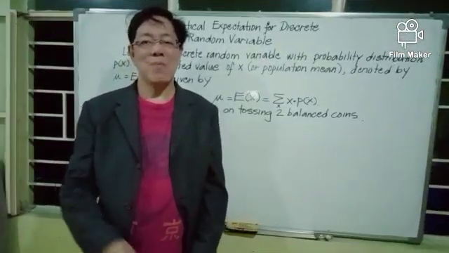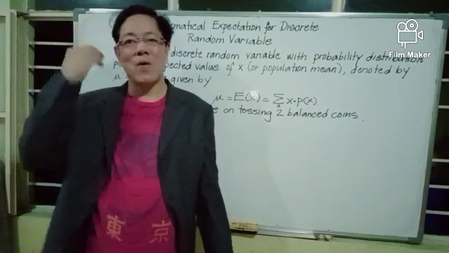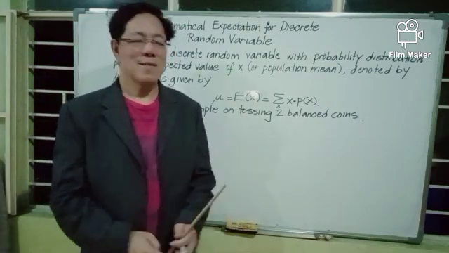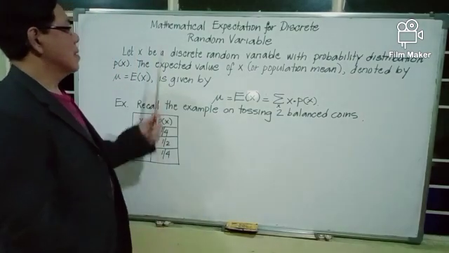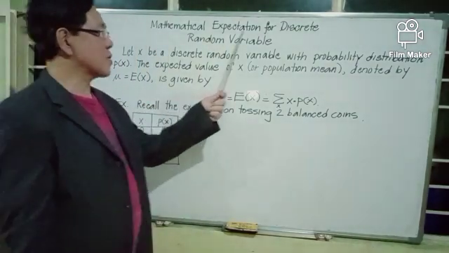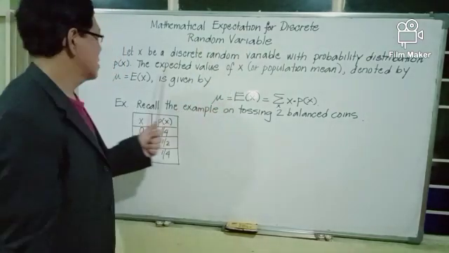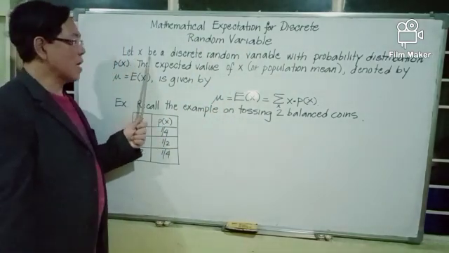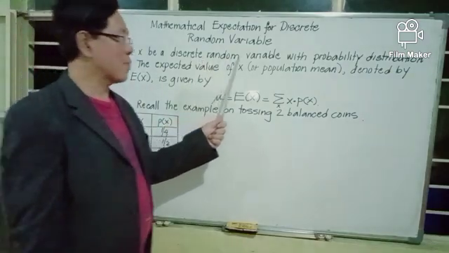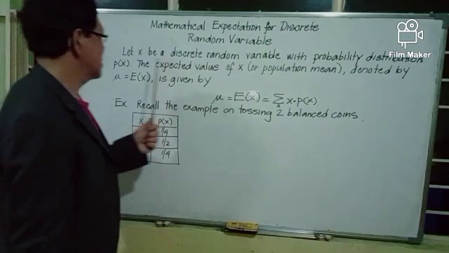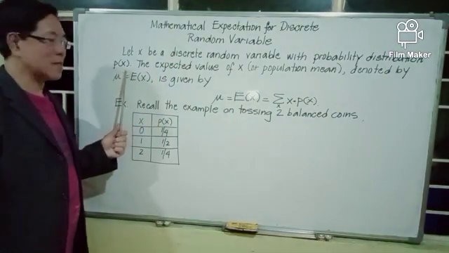We now define mathematical expectation for a discrete random variable x. Let x be a discrete random variable with probability distribution P of x.